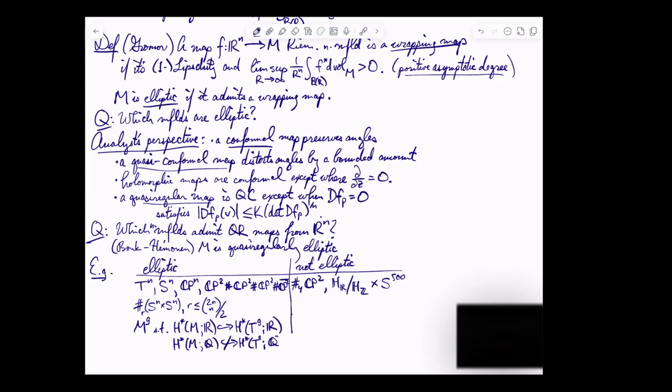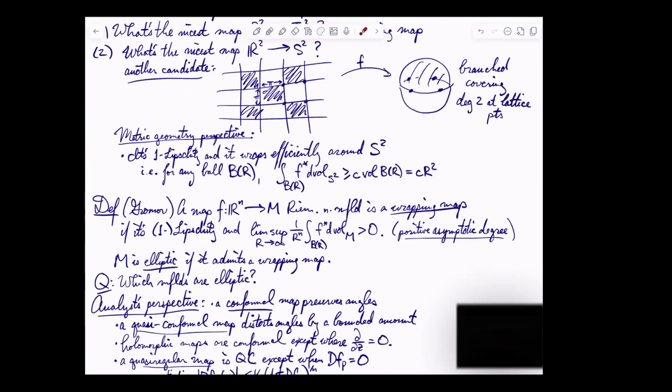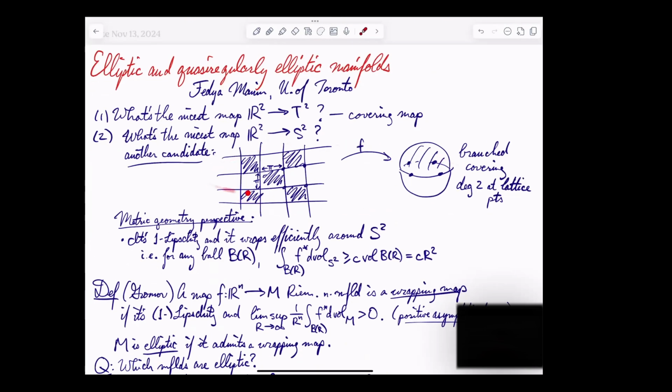So what does this tell us? This tells us that the easiest way to imagine these wrapping maps is that you go from Rn down to the torus, and then you take some map of positive degree.